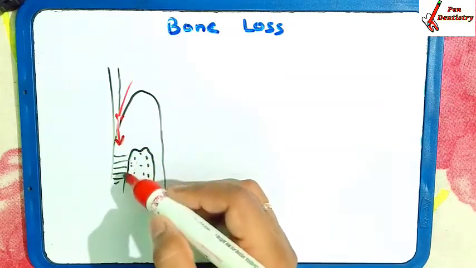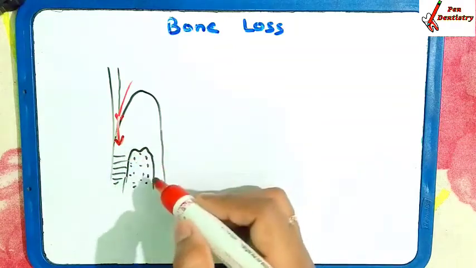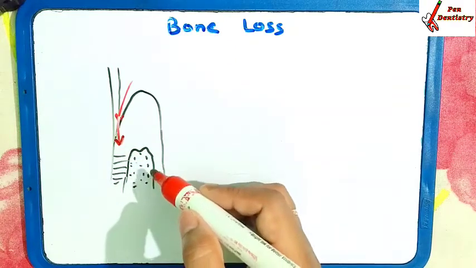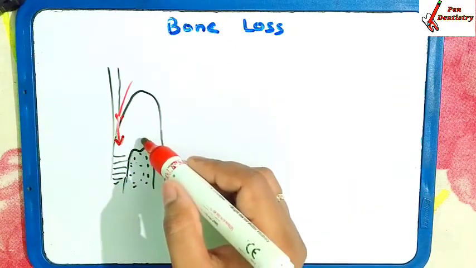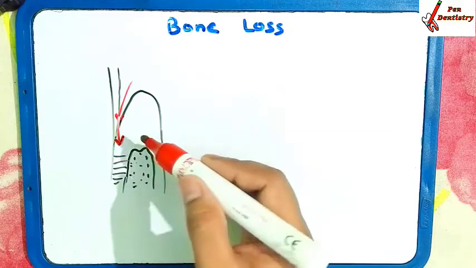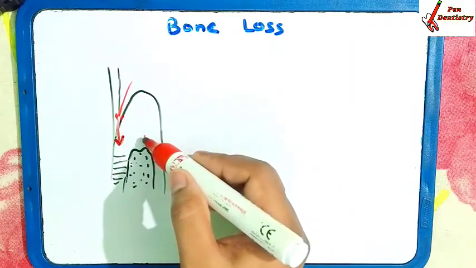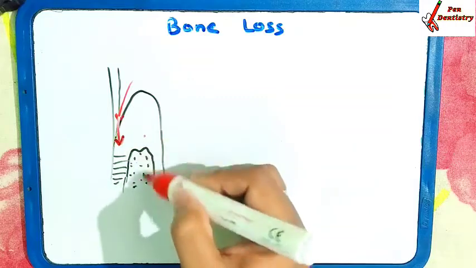These bacteria spread into the bone marrow space. They replace the leukocytes and fluid exudates, and new blood vessels and fibroblasts proliferate here.